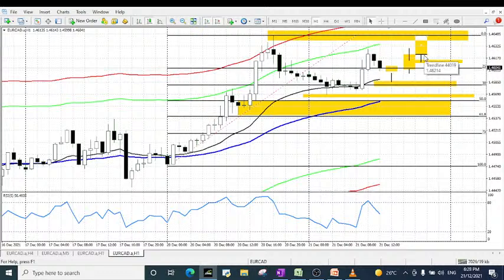But these are all probability. Maybe it will happen, maybe it won't. But these are the scenarios that I'm playing out, that will unfold. This will be the ideal scenario. But of course, maybe this is not going to happen. We might get strong bearish candles instead.